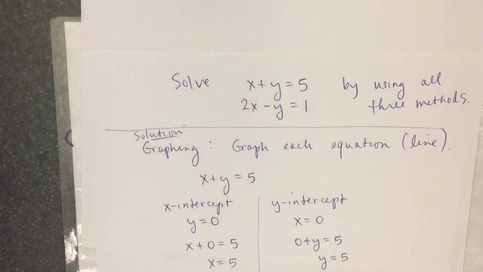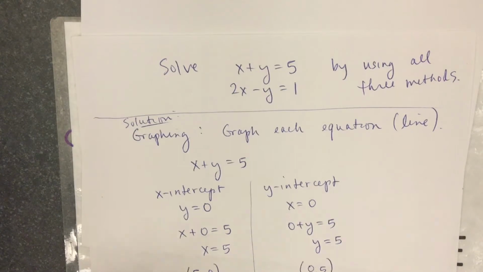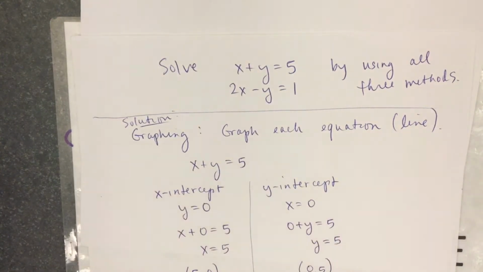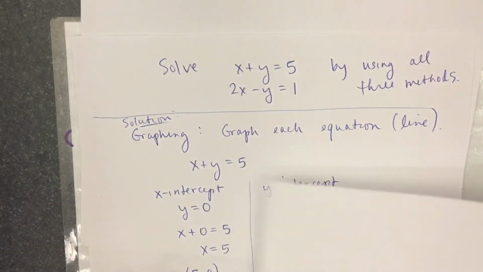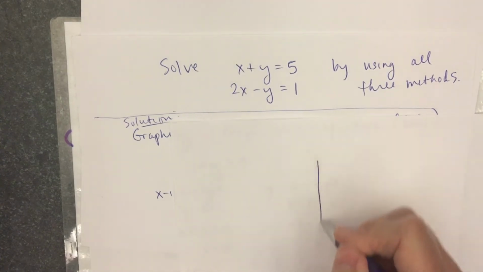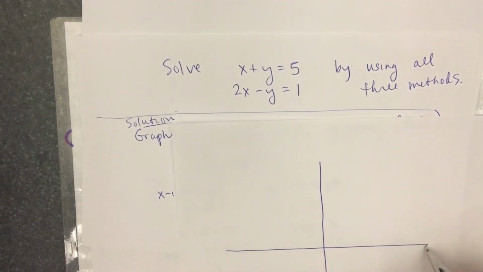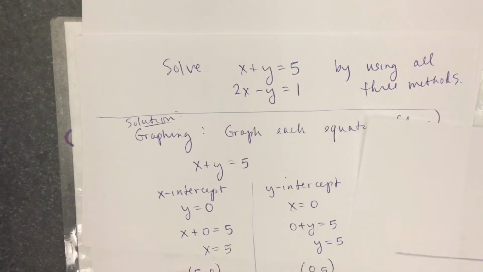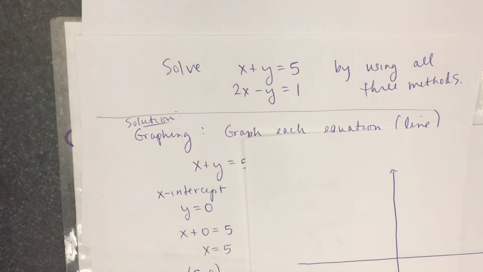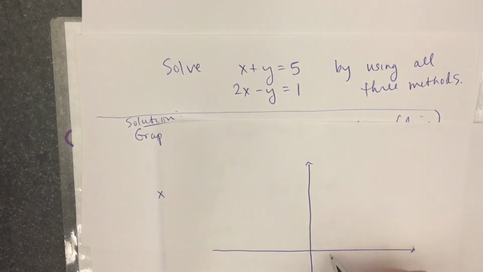I'm going to go to a new page to show the graphs. I'm going to show the work on this page and a new page for the graph. I'm just going to mark the points I need for this problem. I'm not going to worry about marking a whole bunch of points.